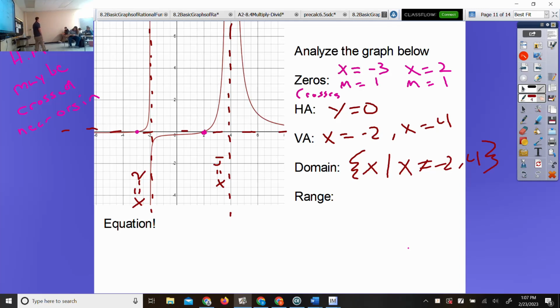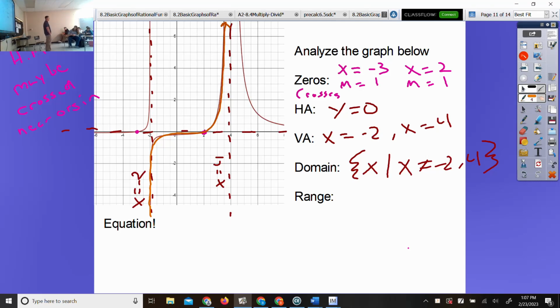I want to take a stab at range. My guess is Ashley focused on the middle of the graph. So what did you focus on, Ashley? Oh, this is the only piece that matters. That falls forever, doesn't it? Does it rise forever? Did I ever pick up my pencil?